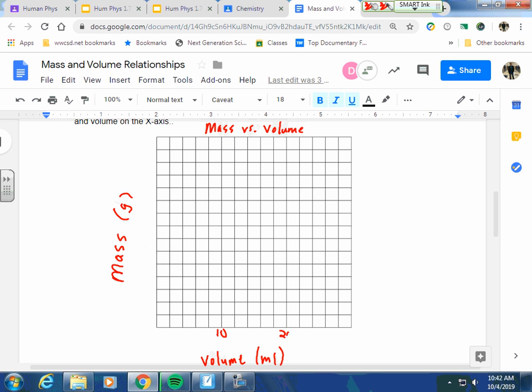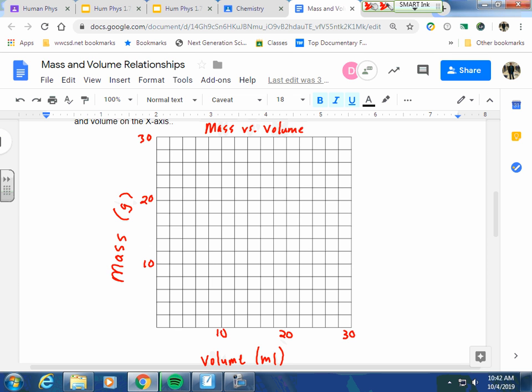Here's 20 milliliters. I'm just going by 2s. So this would be 30 milliliters. I'm going to do the same going for mass too. So don't do that on yours. You've got to figure out what you want your scale to look like depending on your numbers.